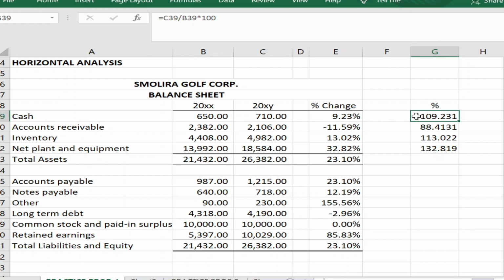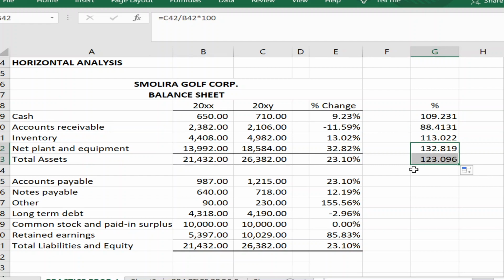This means 100 is our base year, and we deduct 100 from 109.23 and you will get 9.23. Then we deduct 100 from 88.41, and you will also get negative 11.59, and so on.